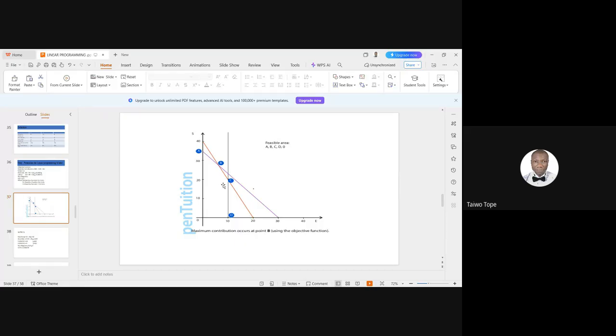So in terms of contribution, the best contribution will be at this point where the two lines connect, isn't it? At this point where the two lines connect, everybody that has submitted has actually done well with respect to the contribution. So the contribution will always be at this point.